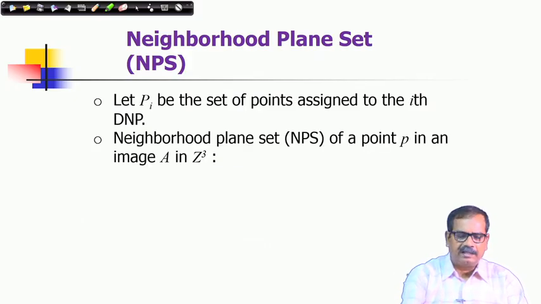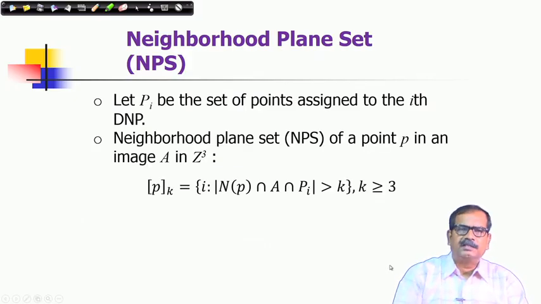So, mathematically we can define the neighborhood plane set in this way. It is the set of planes i, where i denotes the ith digital neighborhood plane, such that the neighborhood points of P, denoted as a set NP, and the corresponding set of points in the plane as defined, that intersection, and A is just the object points. So, only the points which are 1, that define the object points. It just makes it more precise that we are considering neighboring points where there is a volume, which are not empty, which are only object points.